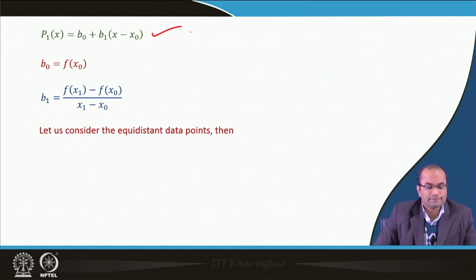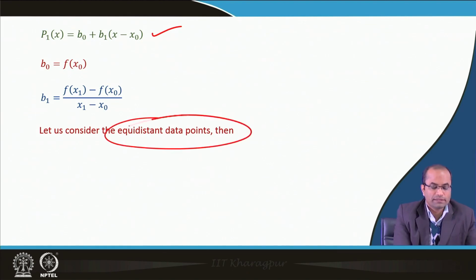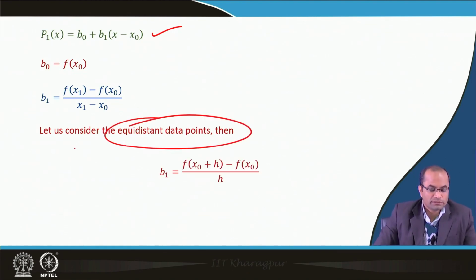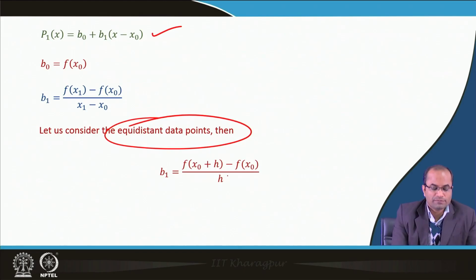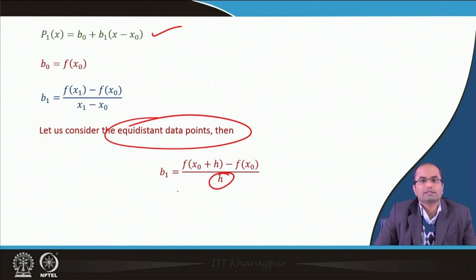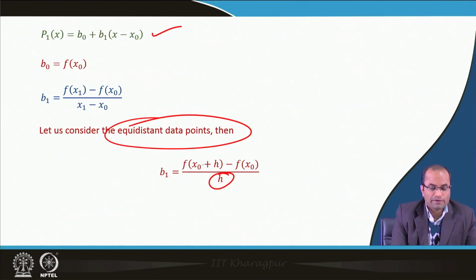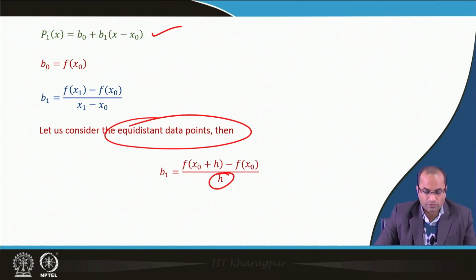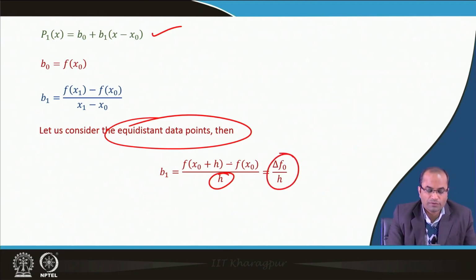So, if we consider the equidistant data points, in the forward interpolation formula we will assume that data points are equidistant. So, in that case we have some simplification here, that this x 1 minus x naught we can replace by this h, and then here we have f x naught plus h minus f x naught, which we are now writing in terms of the forward difference operator.